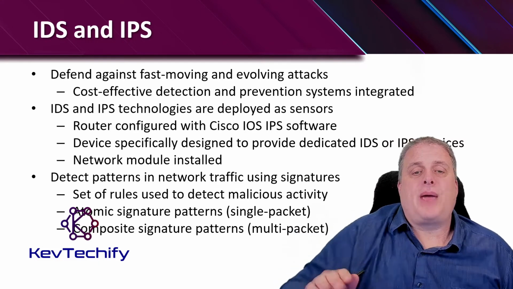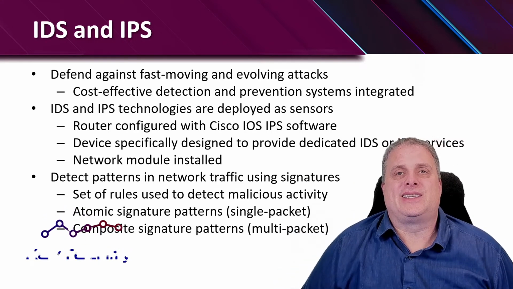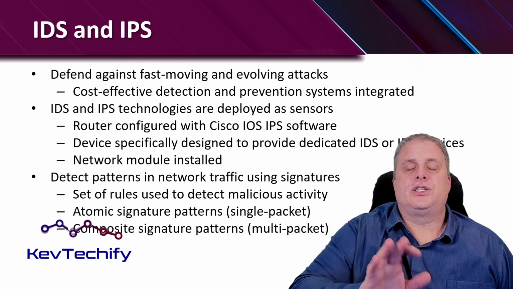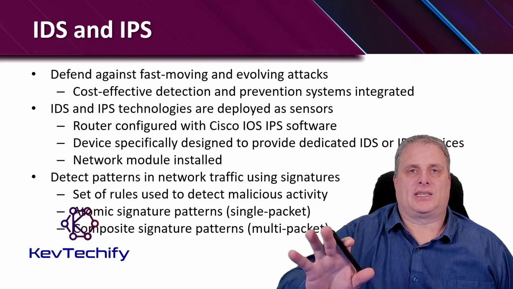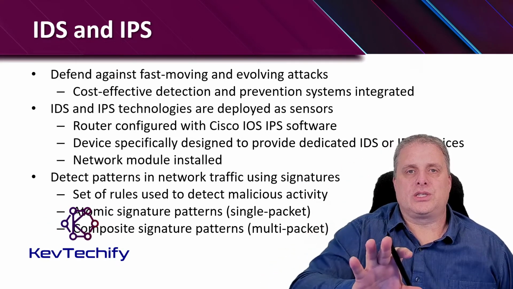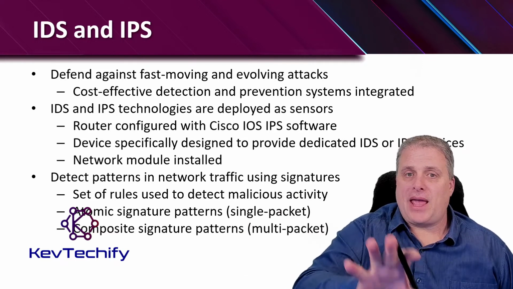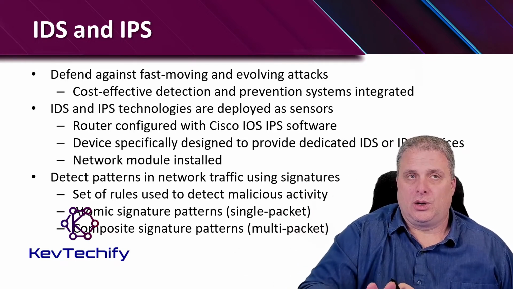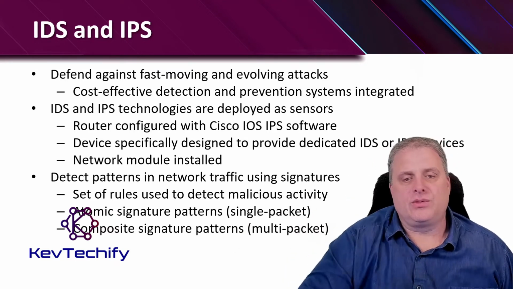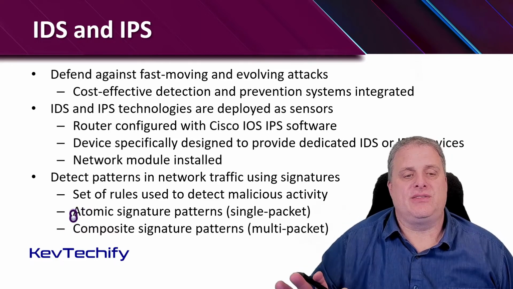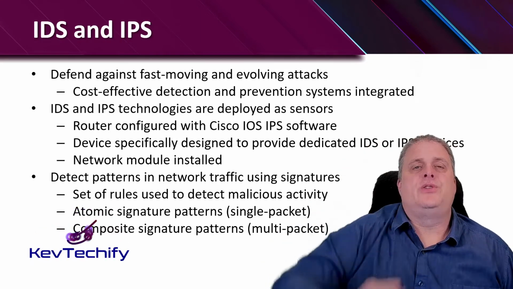They detect these patterns in traffic using signatures. These signatures are existing attacks. We know what an attack looks like when it matches this attack pattern, this signature. We can then do something. It's a set of rules to determine malicious activity. And there's two types of signatures.